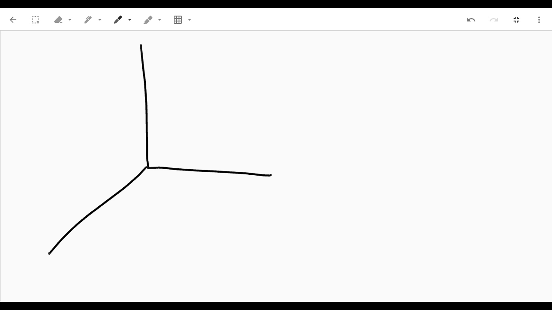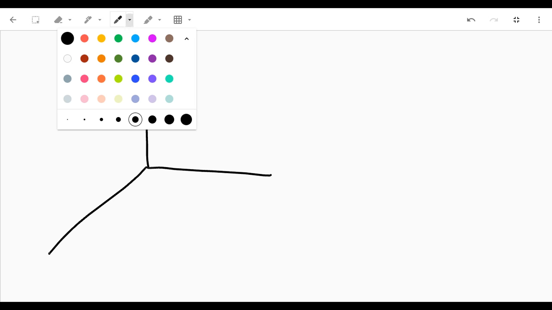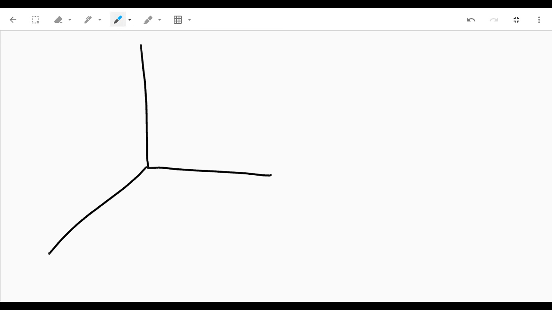So I'm going to do the best I can. If we have a surface, so let me draw in, like kind of a curved surface here. So we have the surface z equals f of x, y.